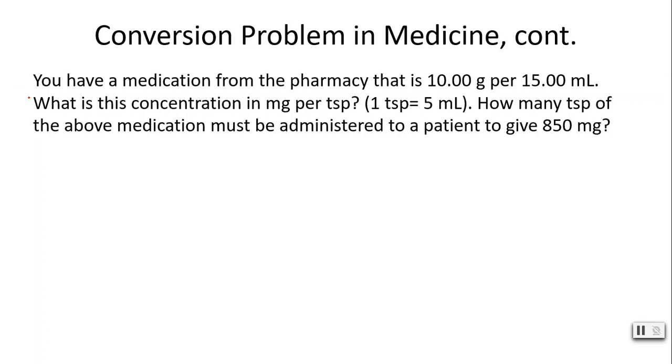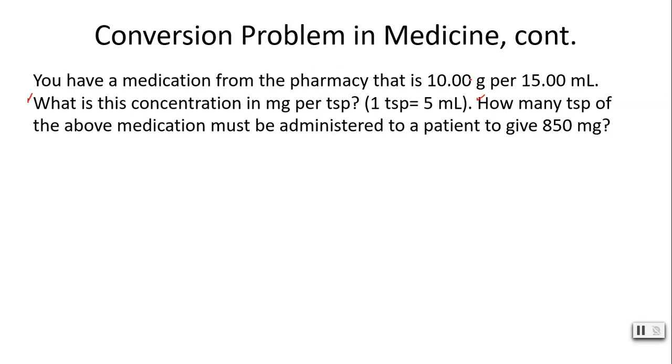I want to know what the concentration of that medicine is in milligrams per teaspoon. And I go ahead and give you the conversion factor for teaspoons and milliliters here. And I want to know how many teaspoons have to be administered to a patient to give 850 milligrams. So I've got 2 questions here. Let's do the first one first.